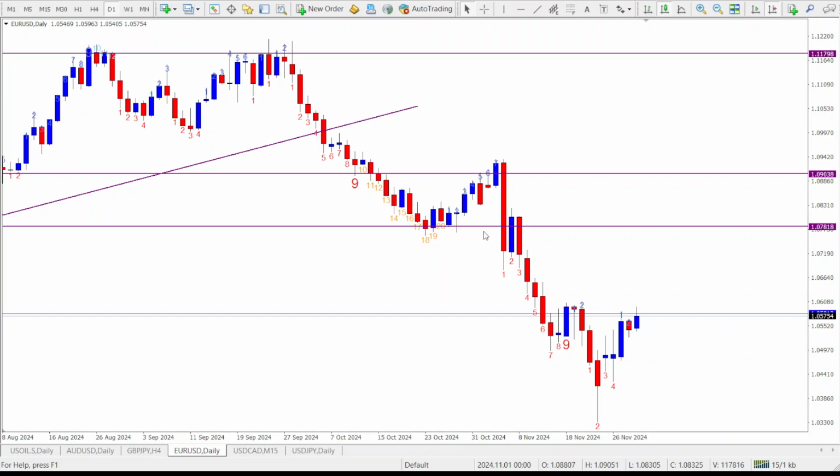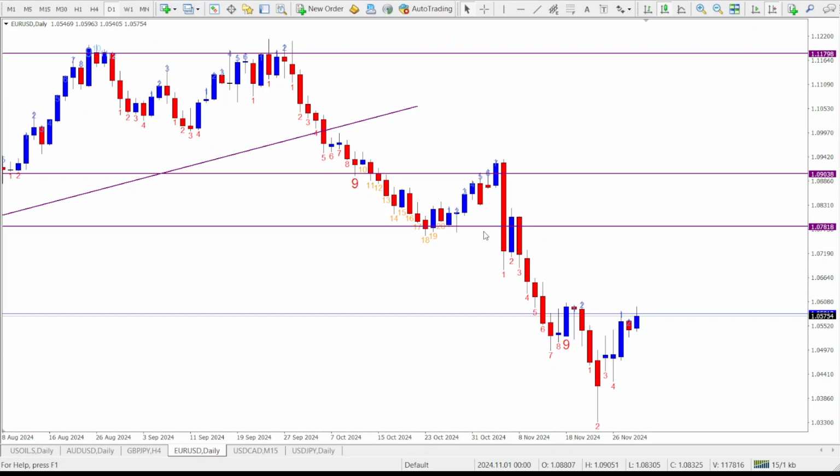So this is a very simplified strategy to use with the TD Sequential Indicator. Like I said, it is a unique indicator. And irrespective of the pattern that you are using to trade, ensure that you always observe good risk management. It is very necessary to have good risk management in place.